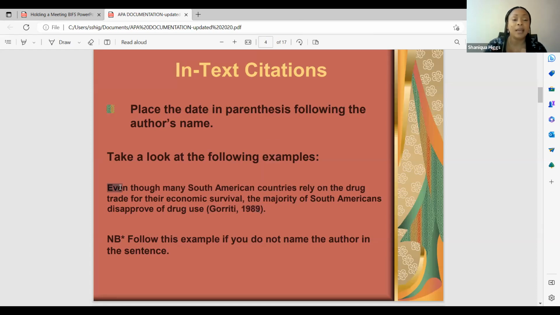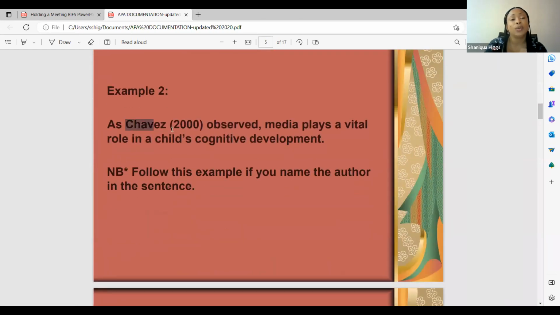So if you had named the author up here, then this year of publication would come right here after the name of the author. And that is shown in the second example. So the rule for APA, because there's so many different kinds, APA is the kind that you would use in a business setting, is last name and year of publication.